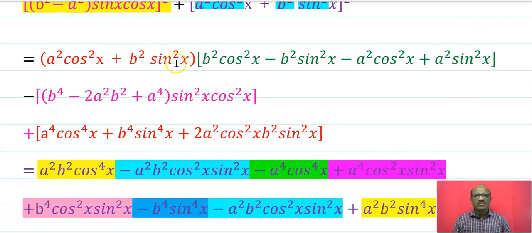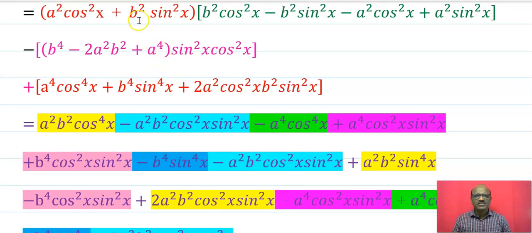This is. Now the next. Here is b square sin square x into b square cos square x. That will become b raised to 4 cos square x into sin square x. And next, now see this next multiplication, b square into sin square x into b square into cos square x. That will become b raised to 4 and cos square x into sin square x.